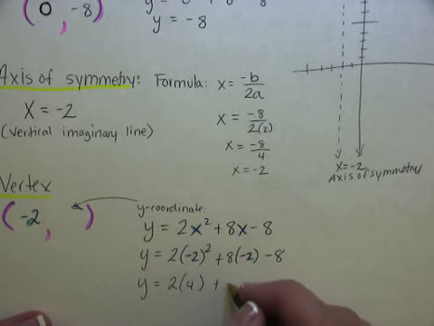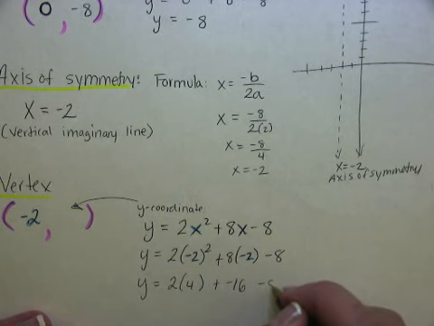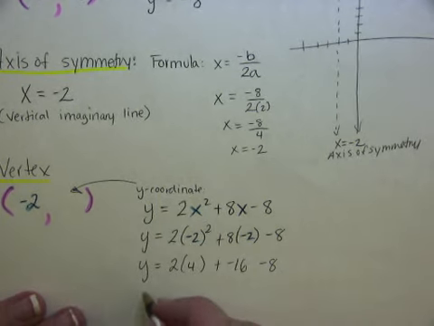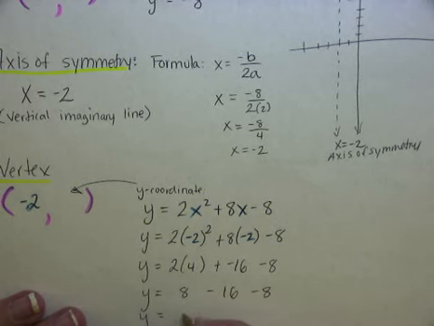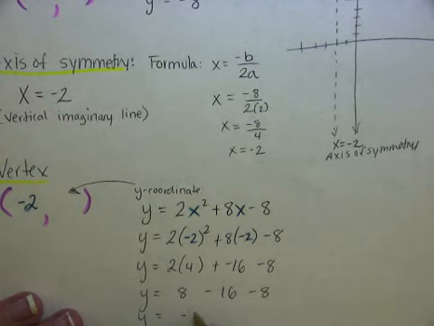Negative 2 times 8 is negative 16, so I could have just written this as minus 16. So I have 8, take away 16, take away 8. 8 take away 16 is negative 8. Then I have minus 8.